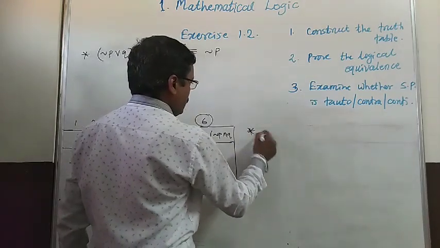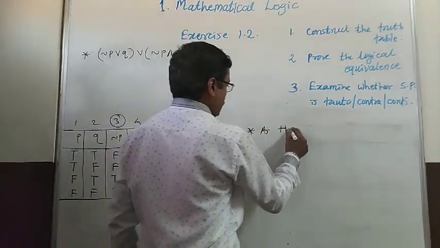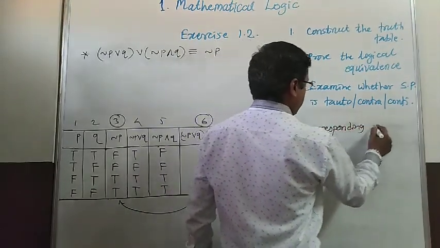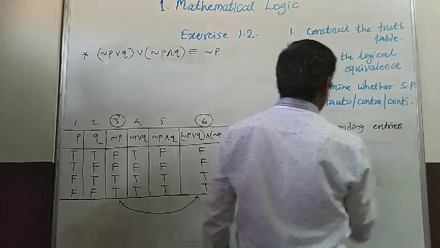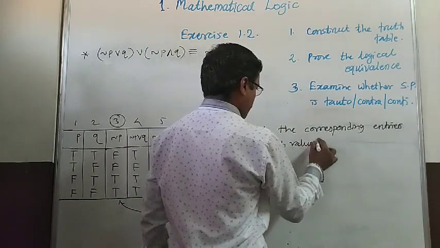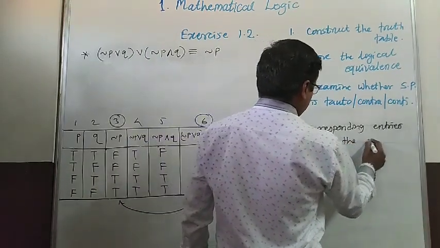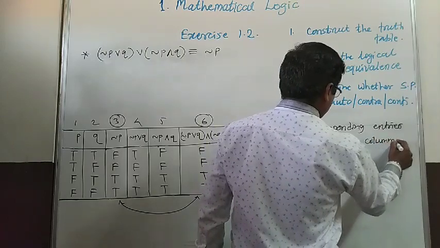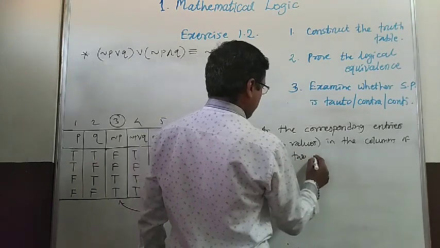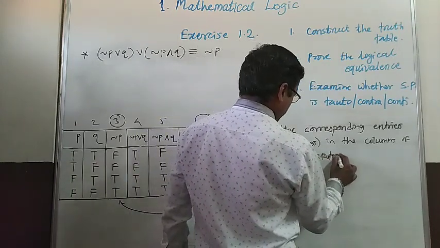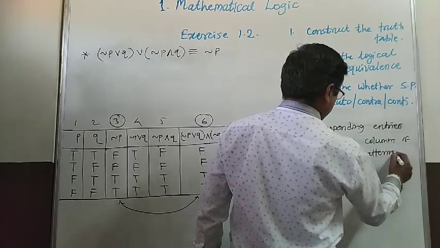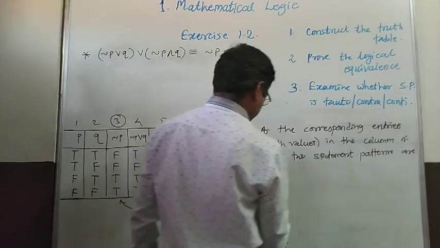Conclusion: as the corresponding entries, meaning truth values, in the columns of the given two statement patterns are identical.